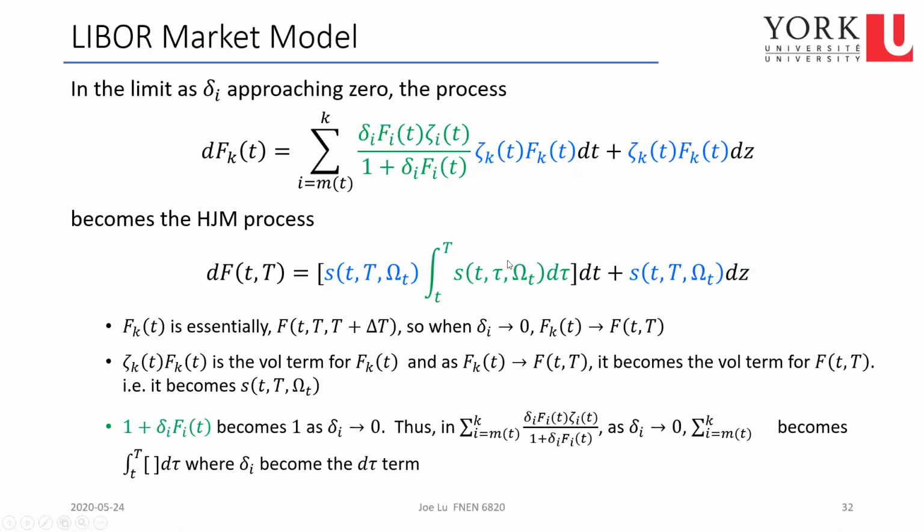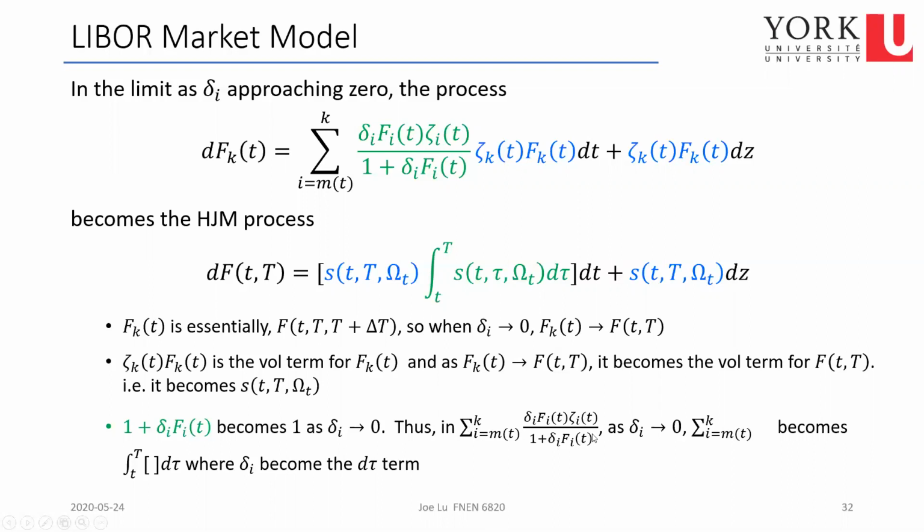First of all, as delta I approaches 0, this denominator is approaching 1. And so you are basically left with this part here, and this part then becomes the integral here.